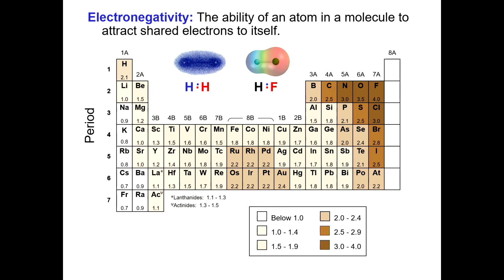And if the number is higher, this means they have more ability to attract the shared electrons. So from here we can say nonmetals basically have higher electronegativity numbers than metals.